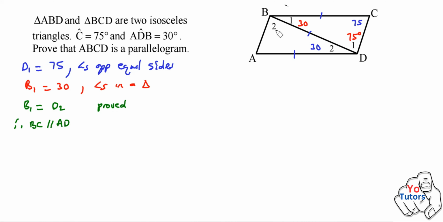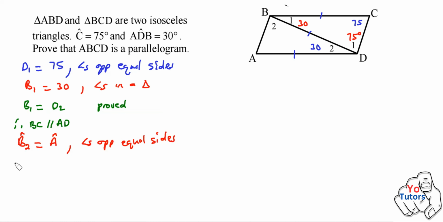How are we going to find B2? We know that B2 will be equal to A. Why? Because of opposite angles, which are equal.